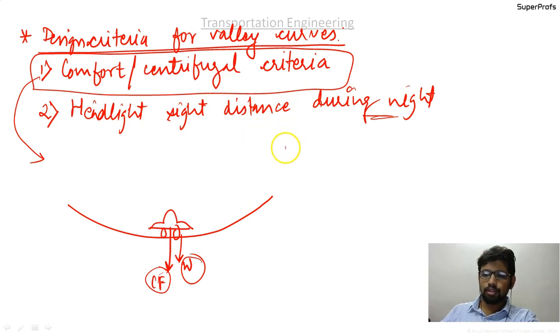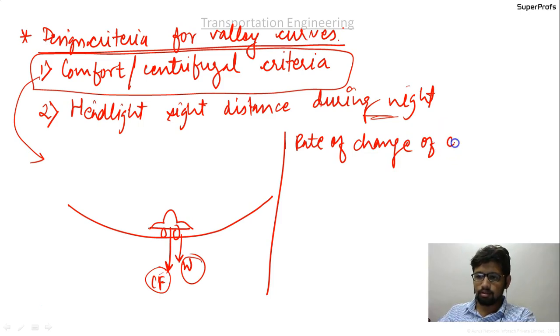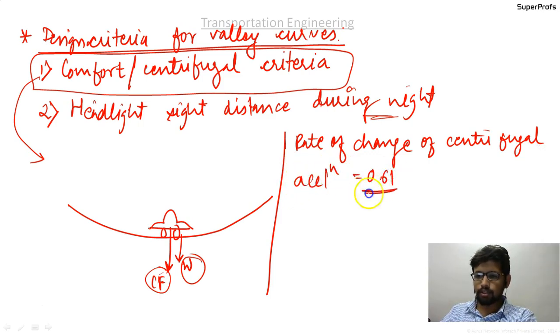So to ensure that the centrifugal force is introduced slowly, the rate of change of centrifugal acceleration should be equal to 0.61.